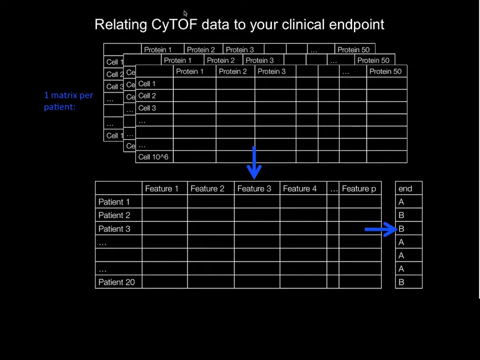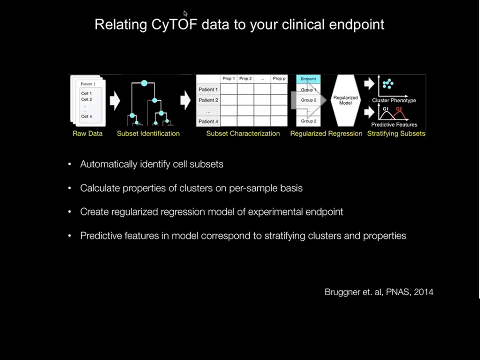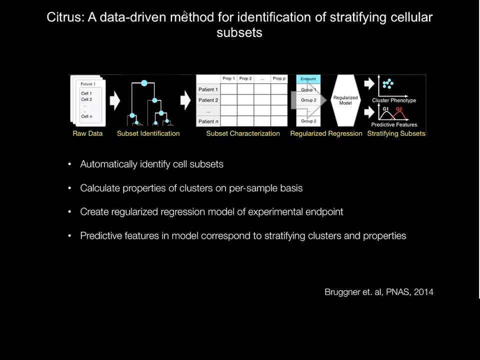And so to bring it back to what Jeff explained, Citrus is this method for identifying cell subsets, calculating properties of those subsets on a per sample basis, creating models of these features with an experimental endpoint, and then actually building the model in such a way where you can go back and see what were my informative features, what was the biology that allowed us to predict our clinical endpoint.